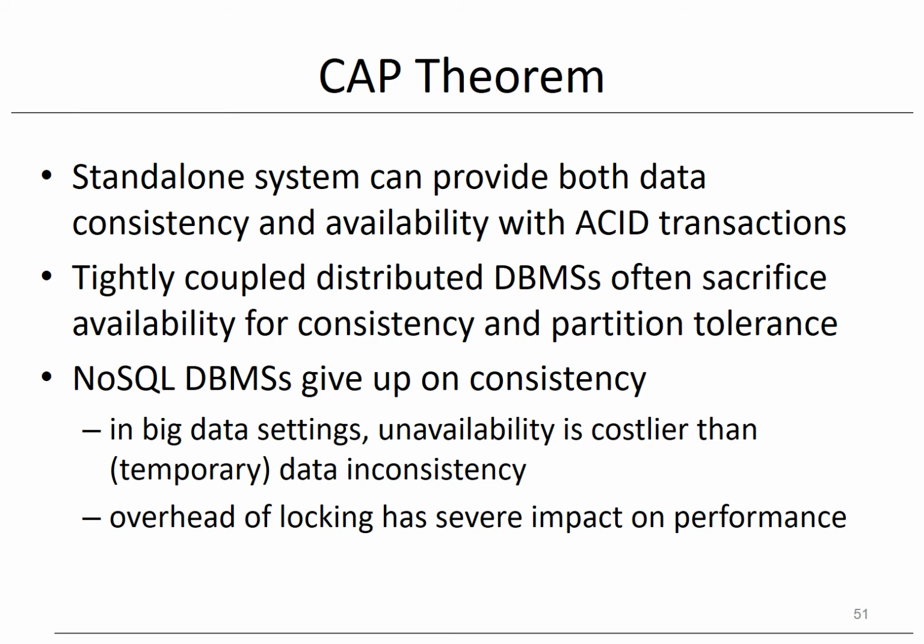First, in many big data settings, unavailability is costlier than temporary data inconsistency. For example, it is far preferable that multiple users get to see partially inconsistent versions of the same social media profile, for example with or without the latest status update, than having the system unavailable until all versions are synced and all inconsistencies are resolved.